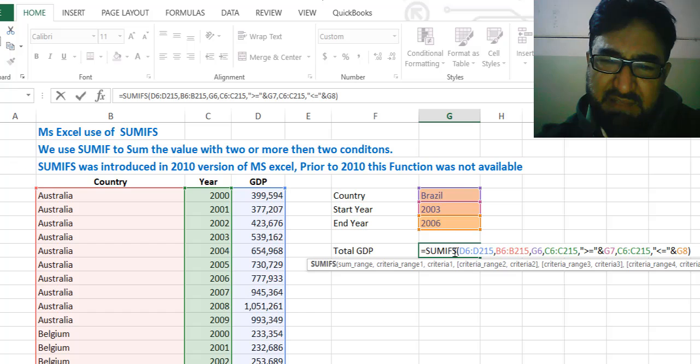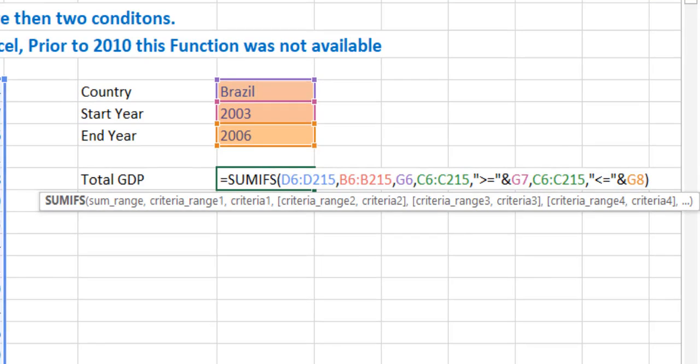With the addition of this S, we are going to select the ranges: D6 colon D215, because the length of this data goes to cell 215, comma B6 to B215. This below is GDP, this is country, comma G6.